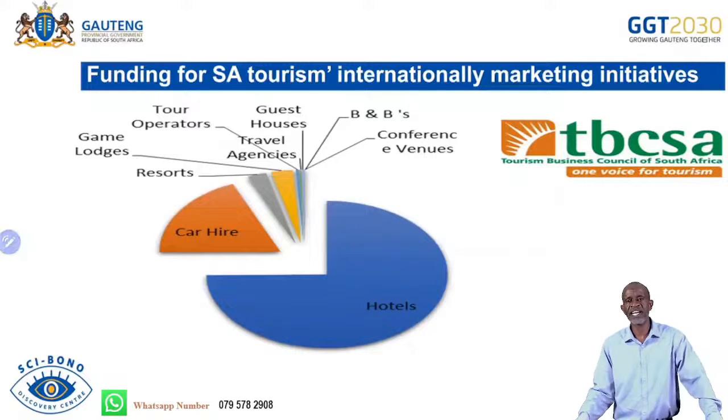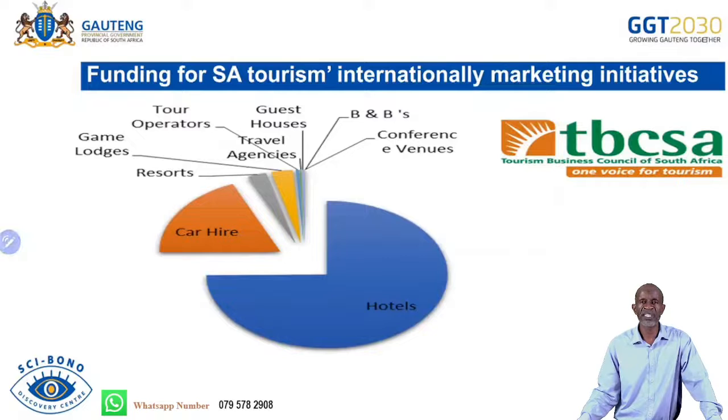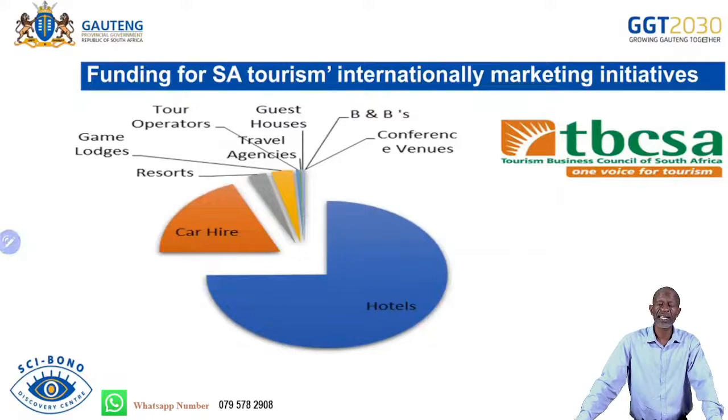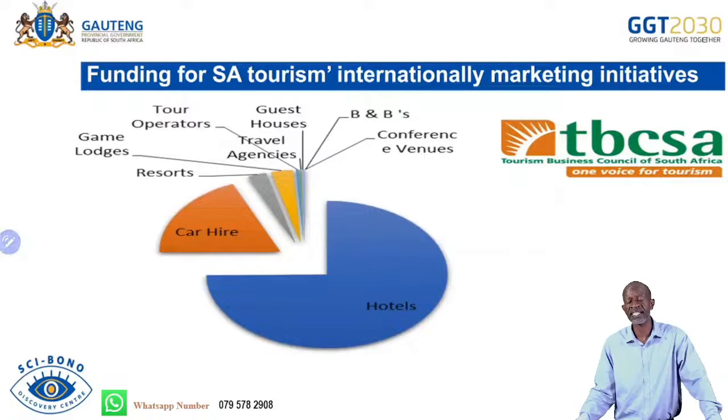And if South Africa is well marketed, it means the hotels are going to benefit, car hire is going to benefit, the resorts, the game lodges, conference venues, the B&Bs, the guest houses, and the travel agencies and tour operators are going to benefit from tourists.